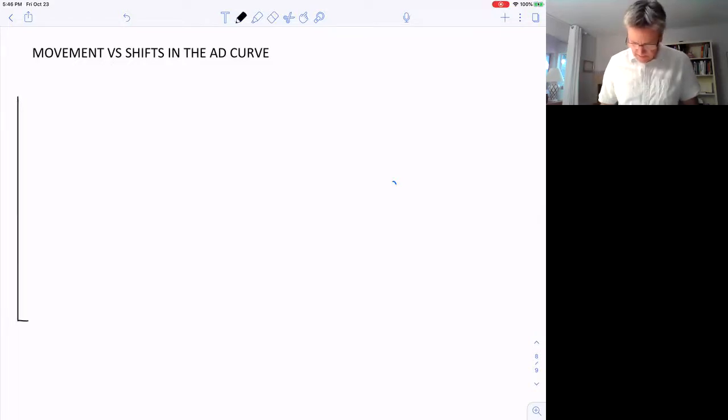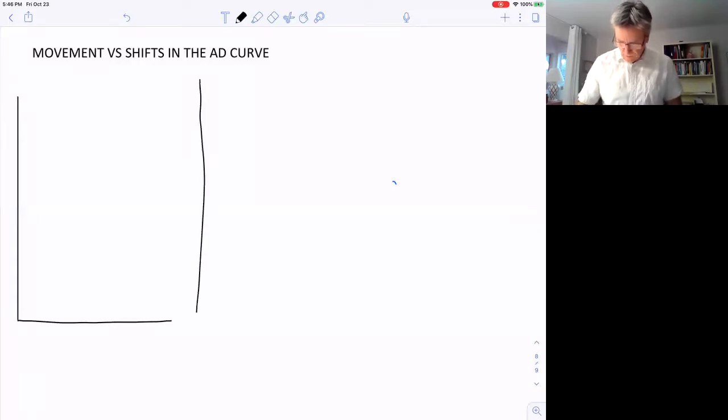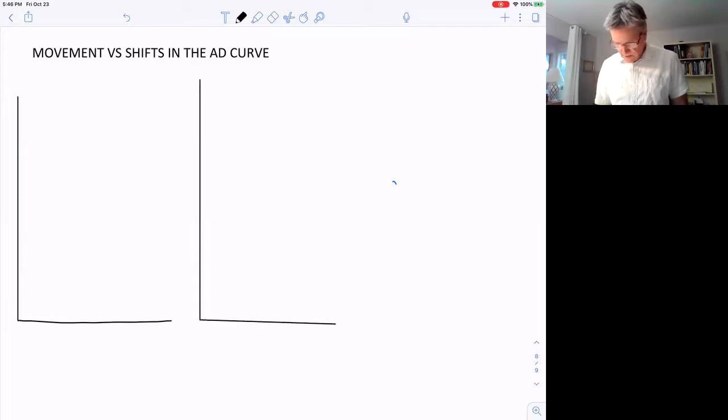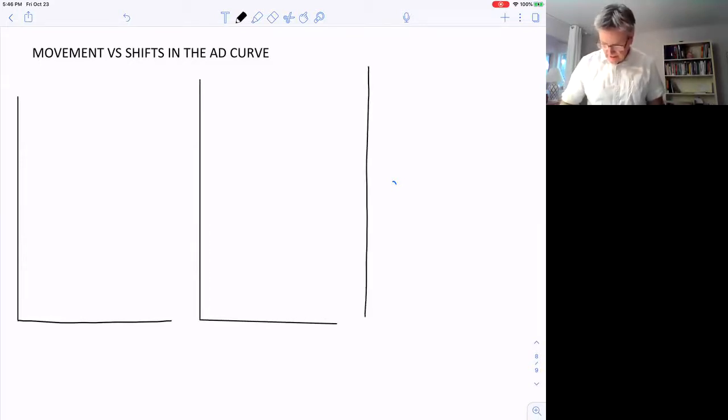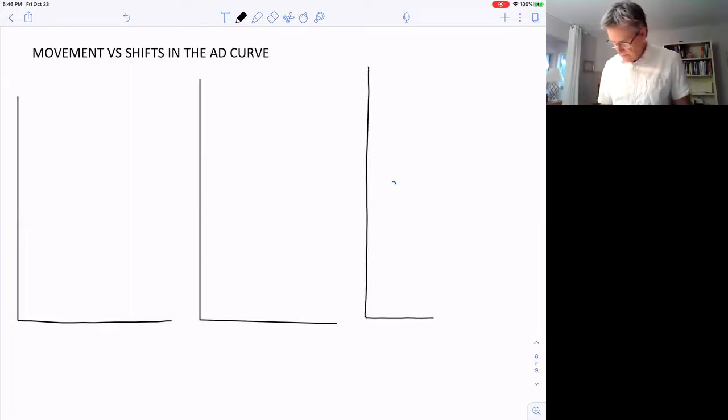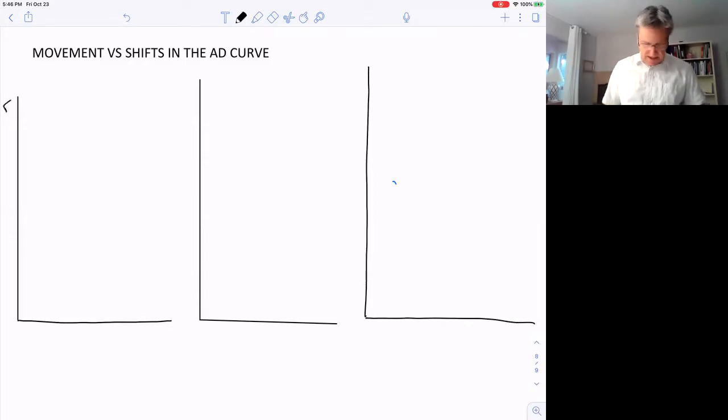The IS curve and the MP curve. And the aggregate demand curve. And label the axis.